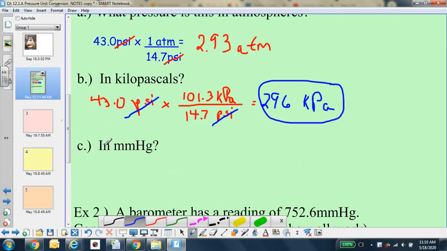So we start with our 43.0 PSI. We need to convert to millimeters of mercury. So mmHg goes on top. PSI goes on the bottom. So the units will cancel. And we need a number to go with millimeter of mercury, a number to go with PSI.